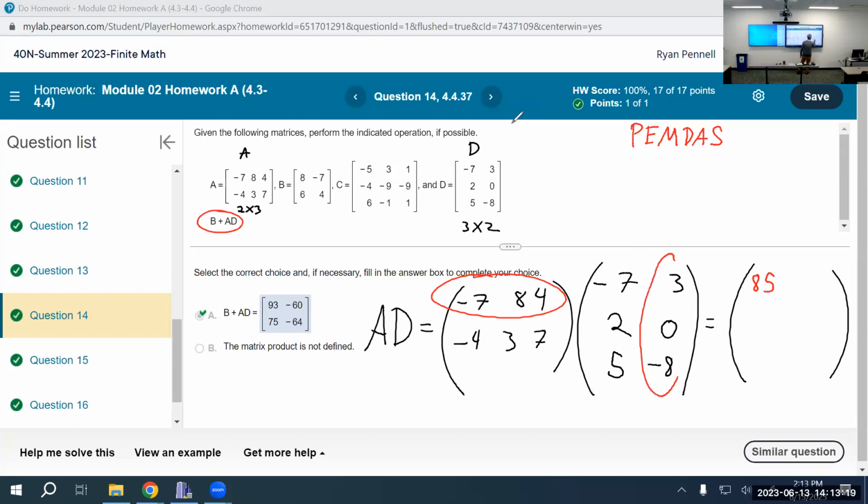First row, second column: negative 21 plus 0 minus 32, got negative 53. Second row, first column: 28 plus 6 plus 35, got 69.